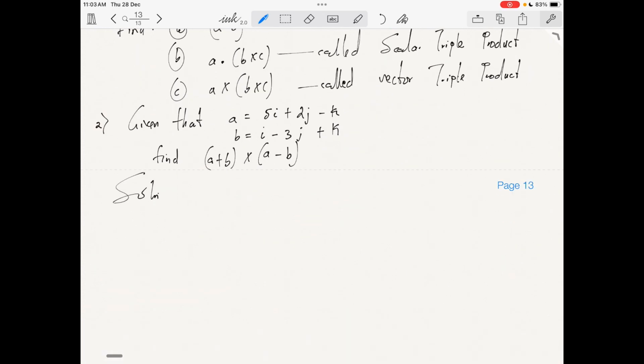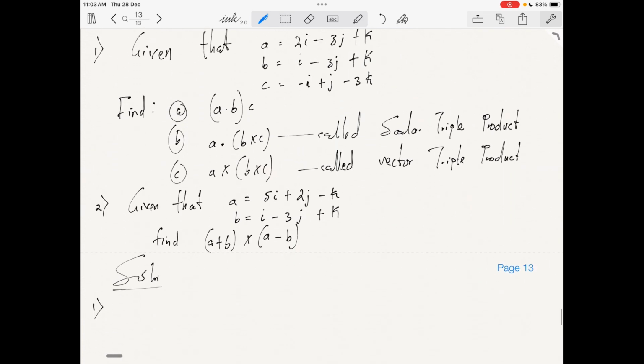Okay, number one. Now we are asked to evaluate a dot b times c. From our knowledge of BODMAS, the first thing we will have to do is to solve what is in the bracket first. So we have to evaluate a dot b.